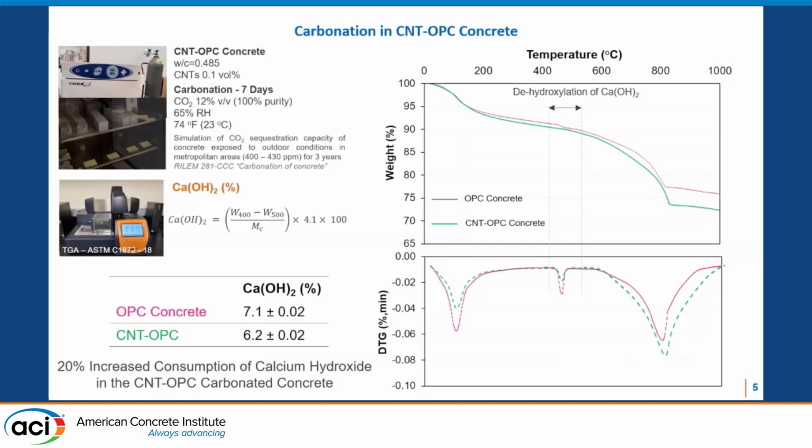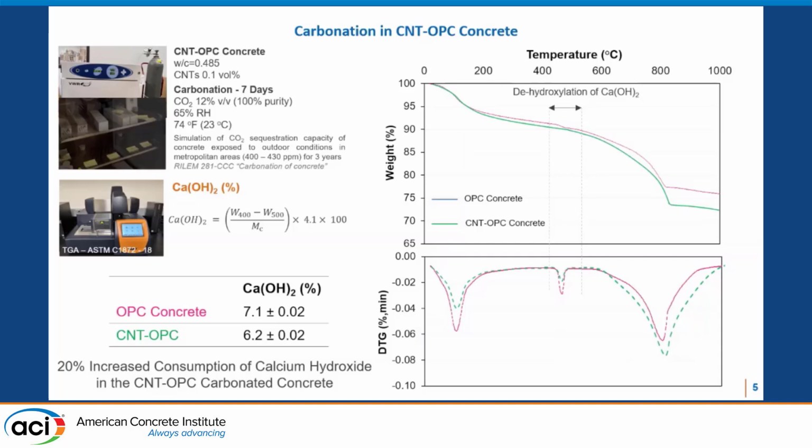And this process is simulating the exposure for almost 3 years, according to a RILEM source. Now, from the TGA graph that I'm showing you here in the right part of this slide, we observe the consumption of calcium hydroxide in these specimens, which are considered 10-day specimens.